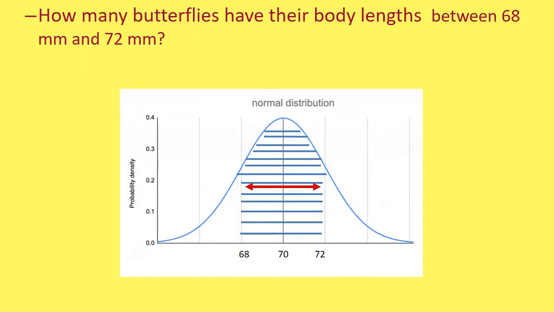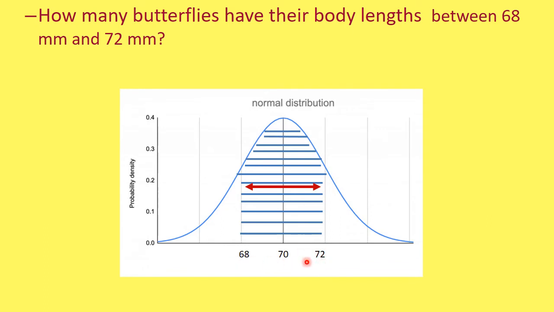We'll go to the last question. How many butterflies have their body lengths between 68 millimeter and 72 millimeter? In between, so we'll draw the situation. This is the mean, that is 70.